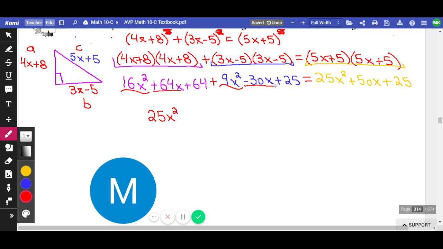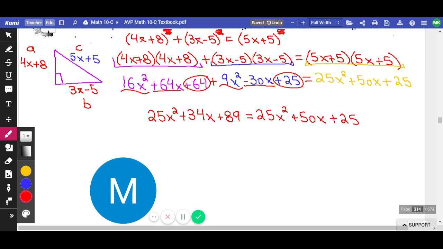These x's can combine because they're on the same side, so 64x minus 30x gives me plus 34x. And then my constants, plus 64 plus 25 becomes plus 89. Equals the other side, which is 25x squared plus 50x plus 25.